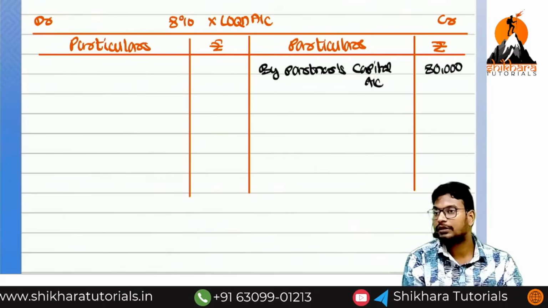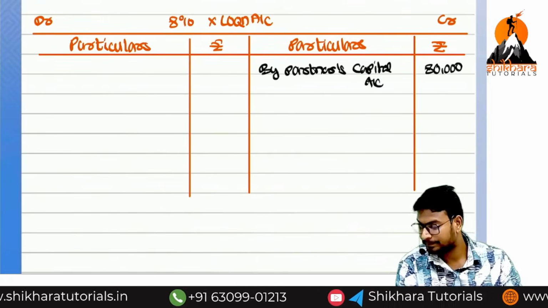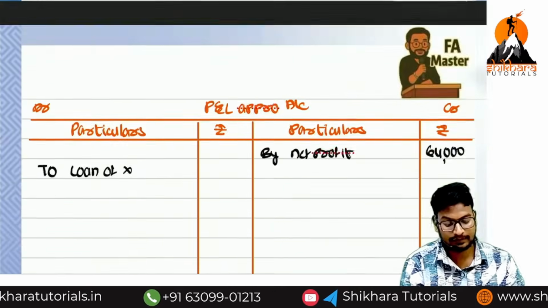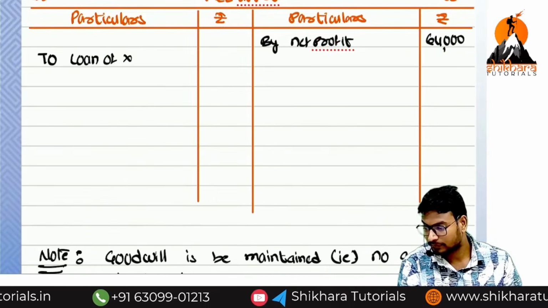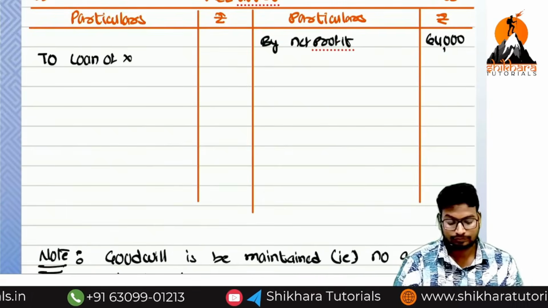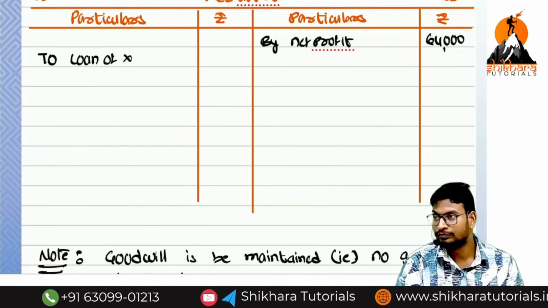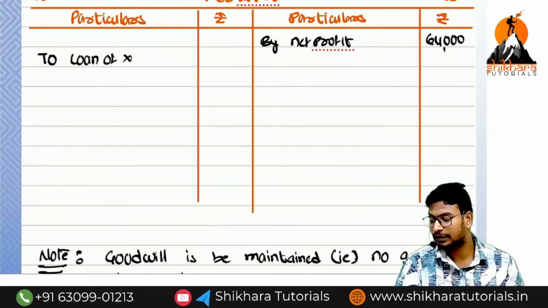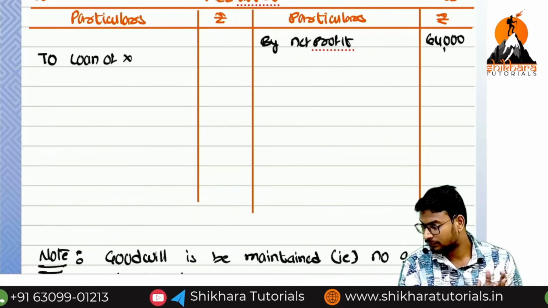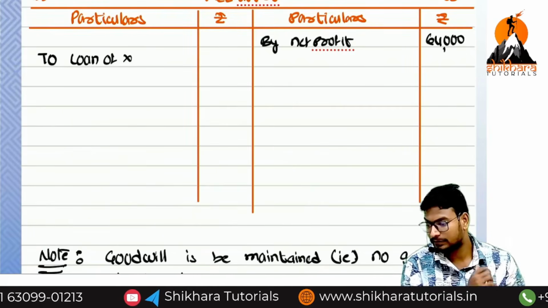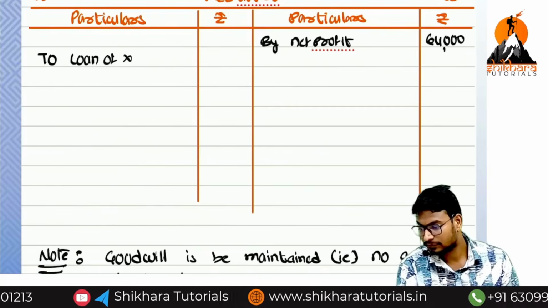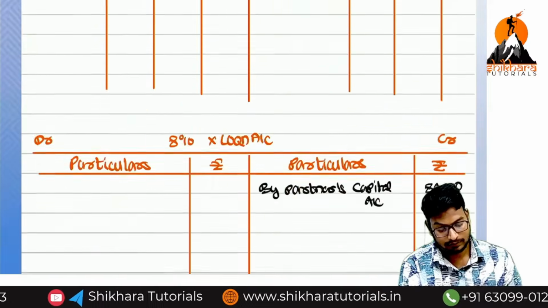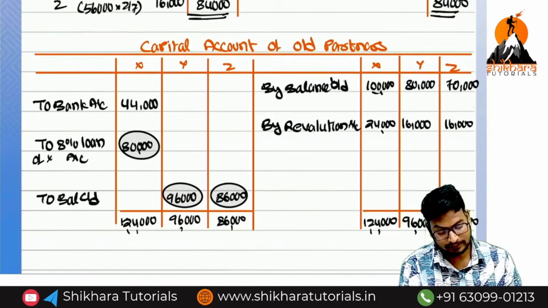On this 80,000, how much amount are we going to repay? 25%. Okay, guys. How much amount are we going to repay? 3,000. After repaying, the balance only 80,000.